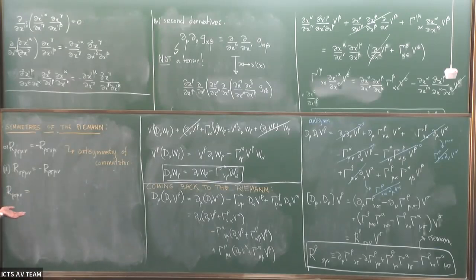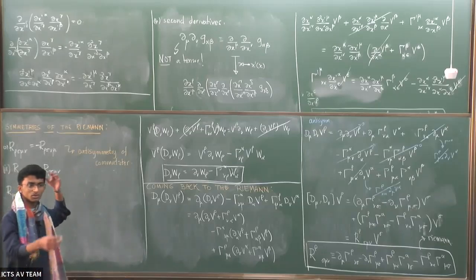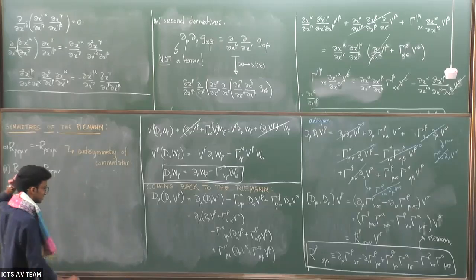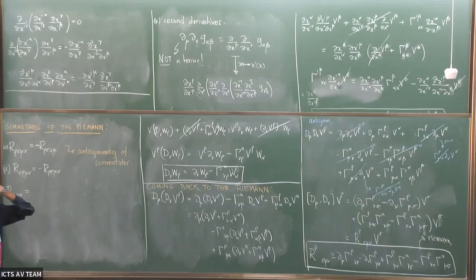Either which way, I need something that's all four down. So let me write the expression that's all four down. It doesn't make sense to switch indices up and down. I mean, maybe you can do it.